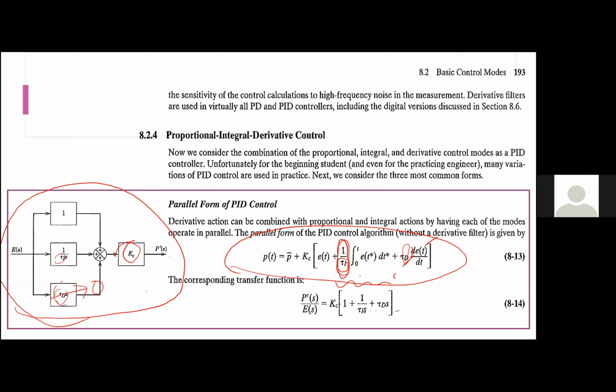No, as big as possible. In the real world, we cannot set it to infinity. So whatever is a very large value, set tau I to that very large value, so that this will minimize the integral part. Okay, very good.